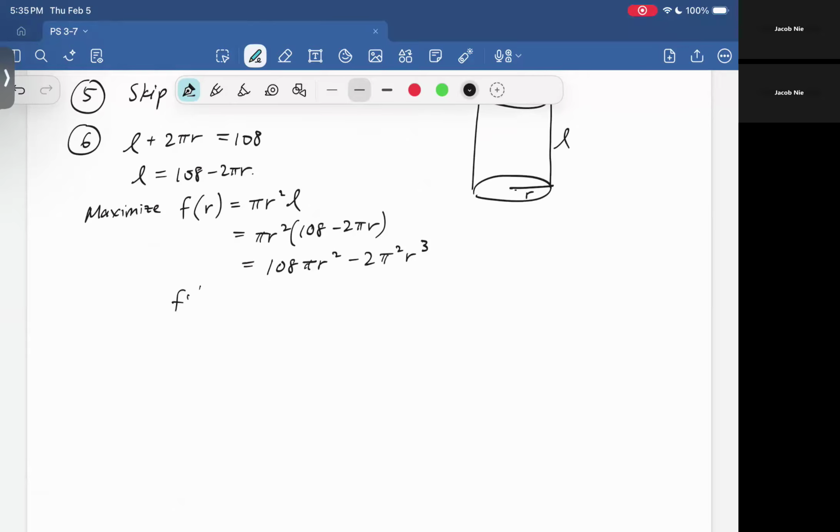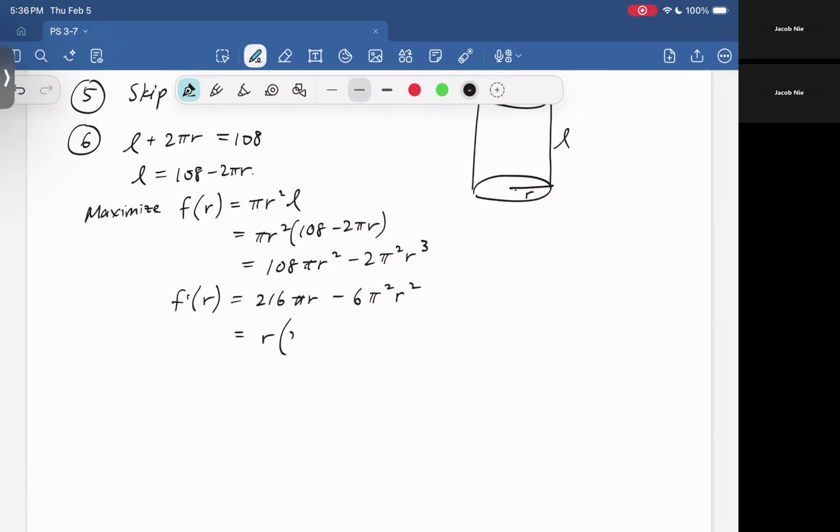So we take the derivative, which will give us 216 pi r minus 6 pi squared r squared. I'm going to set that equal to 0. Let's factor it first.